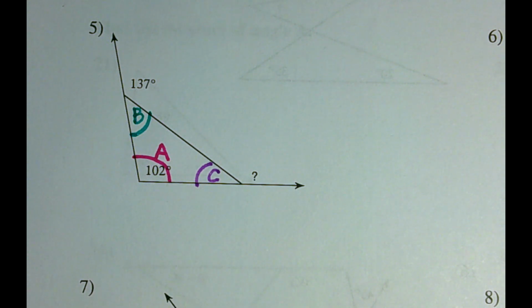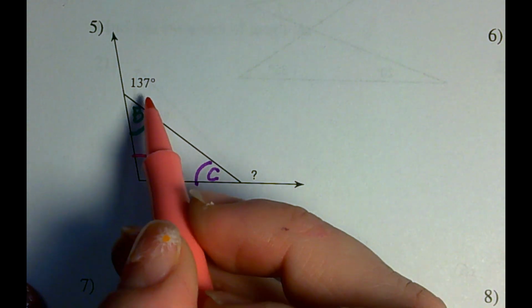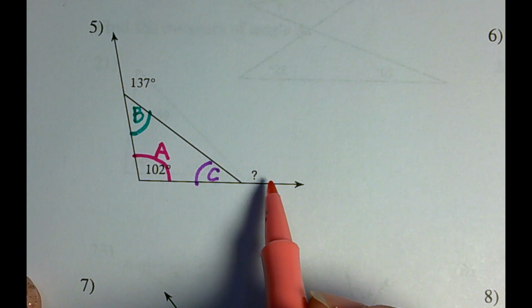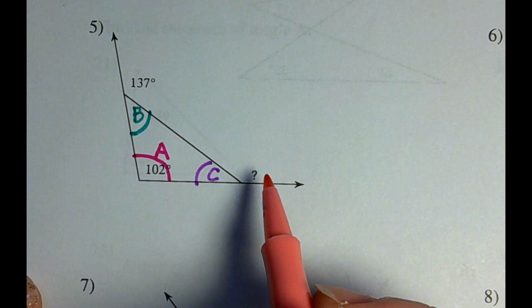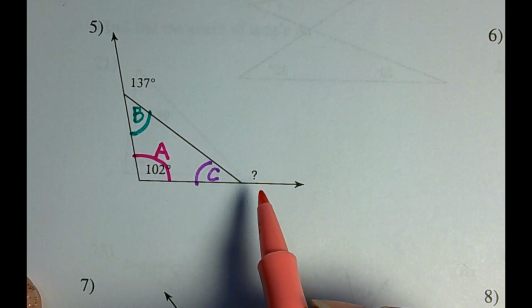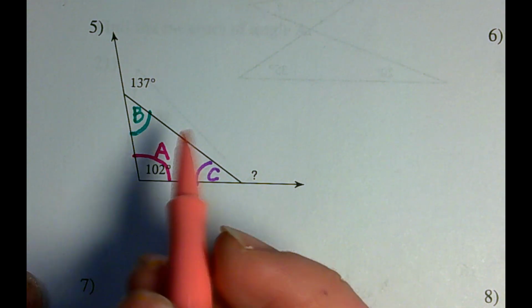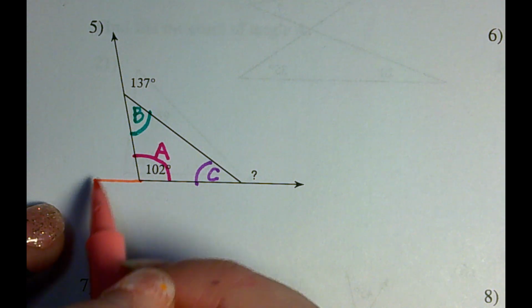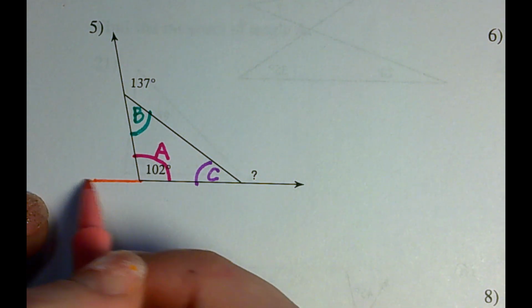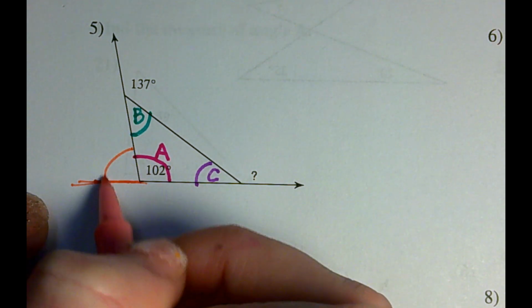The one right next to A. 137 or question mark? For D, as in dog. Well, I labeled the exterior angle of whatever A was, that outside of A. Oh, you mean like out here? Yeah. Oh, okay. That works. This will be D.